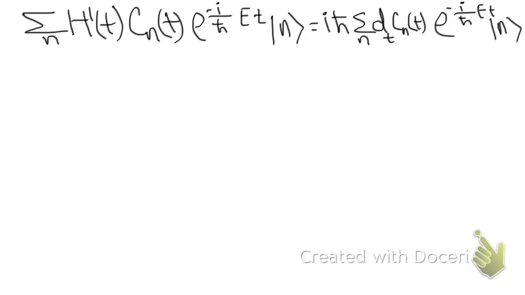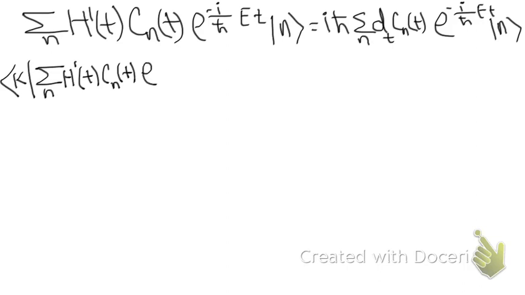Projecting it onto state k is just by using the bra ⟨k| over here, sum over n of H1(t) c_n as a function of time, exponential, all of the other things are the same as over here, negative iota over ħ E_n t and my ket n.